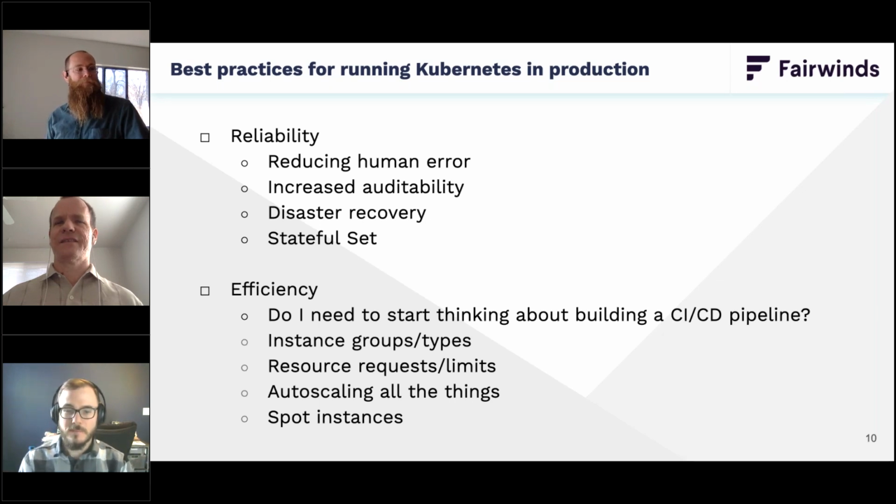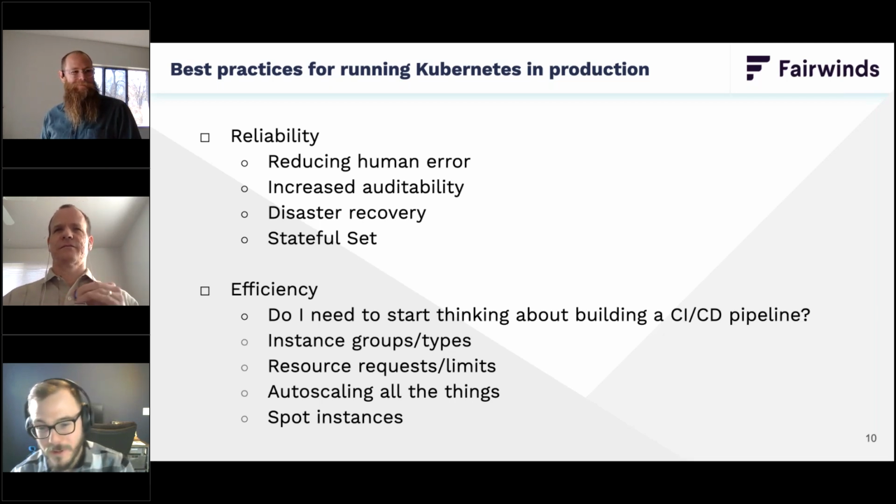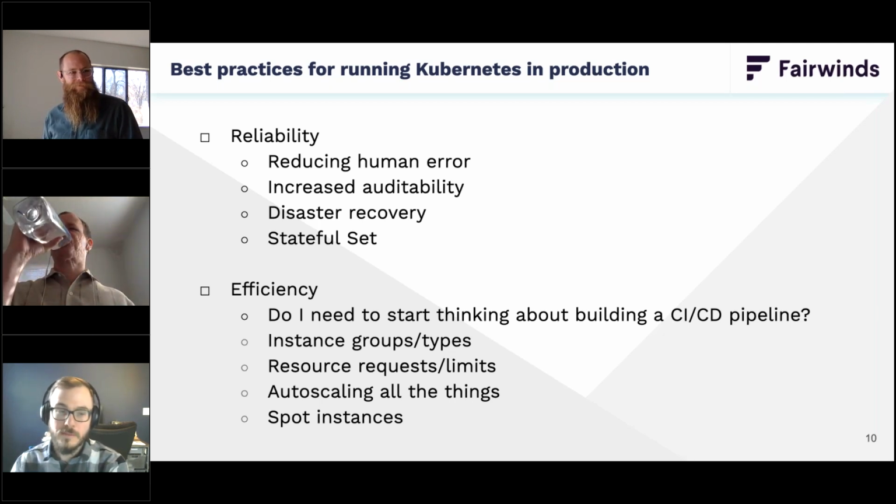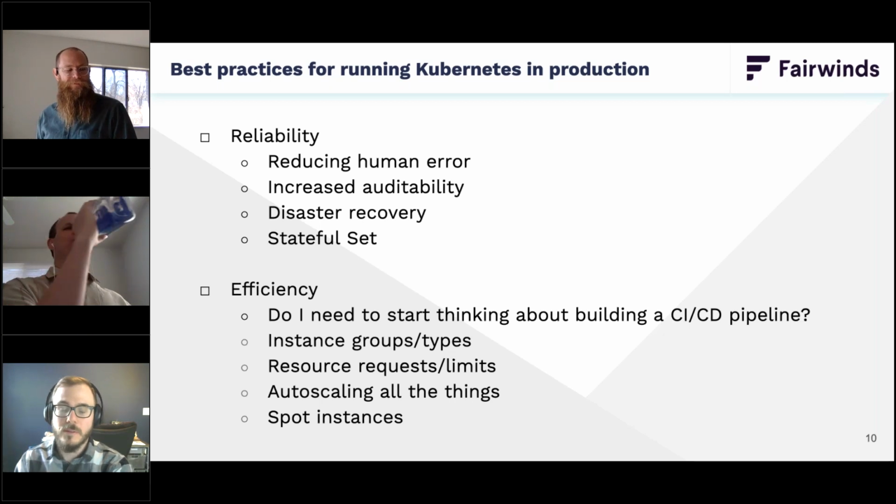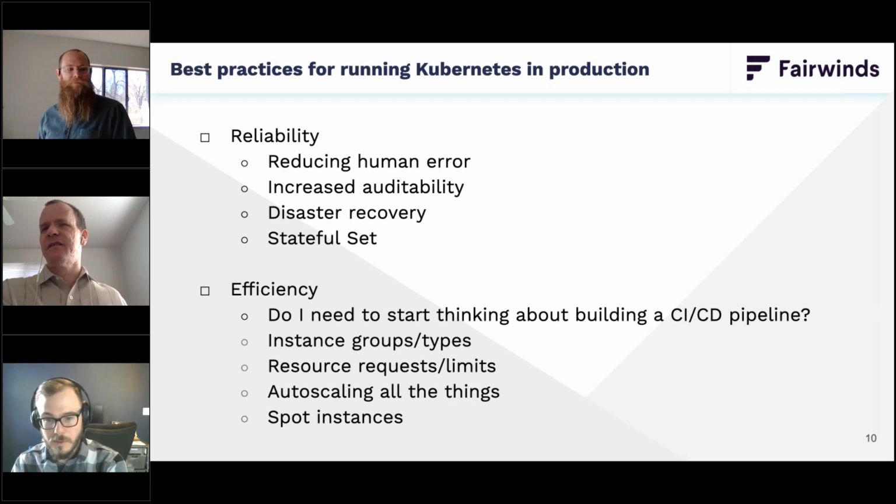Thanks. Awesome. So I'm going to skip the instance group types for a second and talk real quick about resource requests and limits, because I say real quick, I could probably talk this entire webinar about resource requests and limits. They are very important. So if you're not familiar, you can set on a deployment, which eventually makes it to the pod itself, requests on CPU and memory, and then limits on CPU and memory.